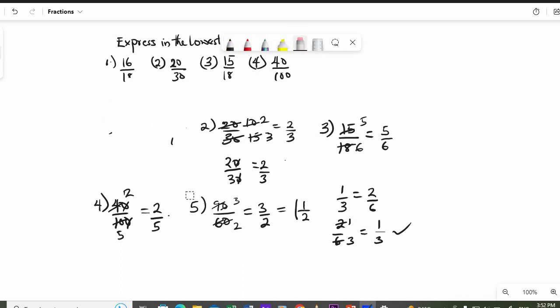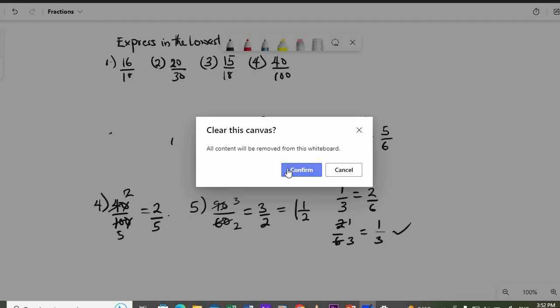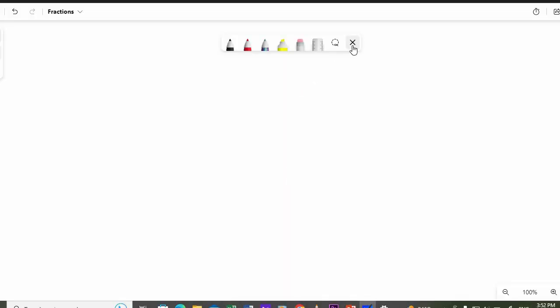So we can simply clear this space and then move to the next one, which is equivalent fractions. Okay.